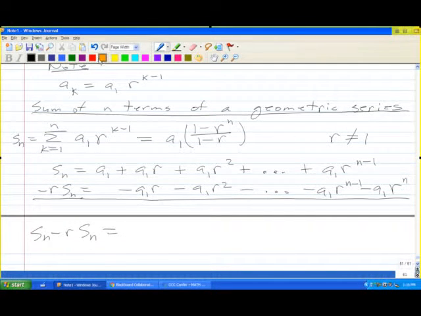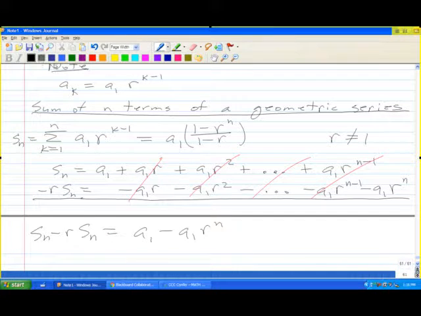The a1 r's cancel, a1 r squareds, dot dot dot, all the way up to a1 r to the n minus 1's cancel. So all I get is the first term a1 and the last term, minus a1 r to the n.